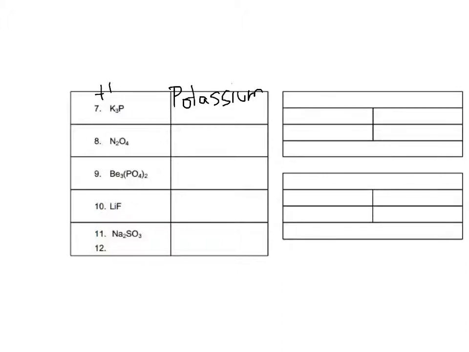And the name of P is phosphide. And just make sure you look up the names of your ions because you know we have phosphate, phosphite, phosphide, and you want to be real careful to get the right one.